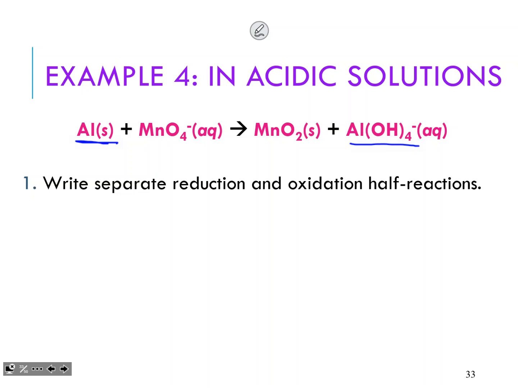So our first half reaction is going to be the Al going to the Al(OH)4⁻, like so. And then we look up here and we have the permanganate, which you saw the pretty purple solution. That is going to go over here to manganese(IV) oxide. So we write that one out over here.